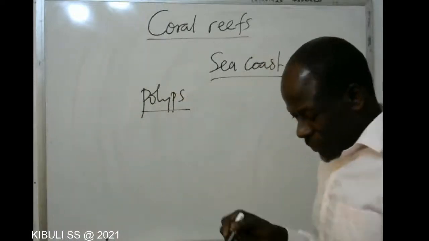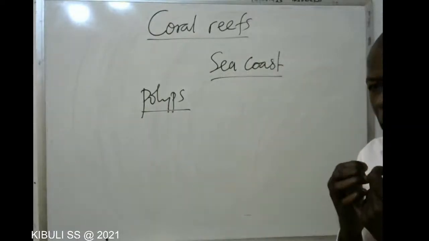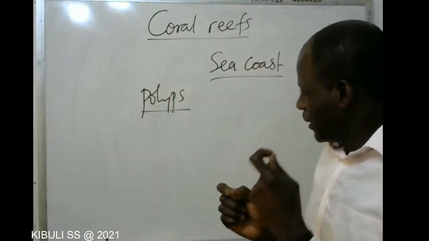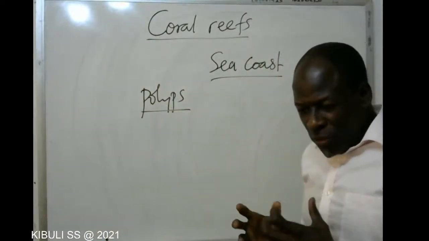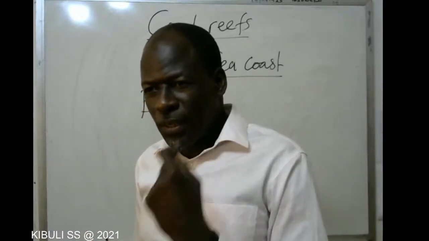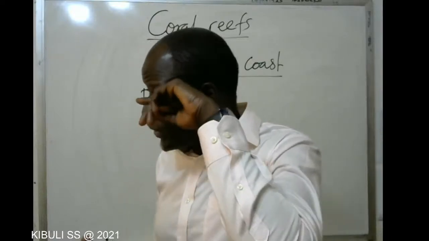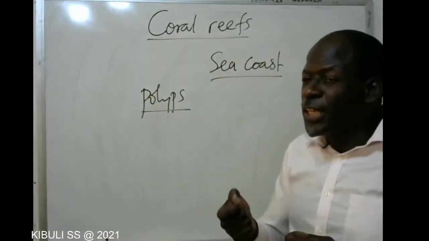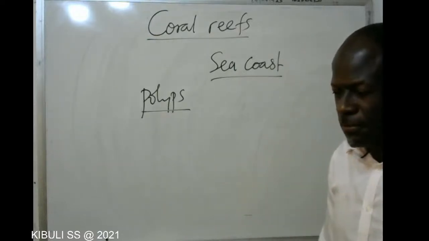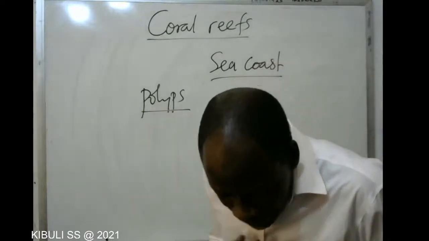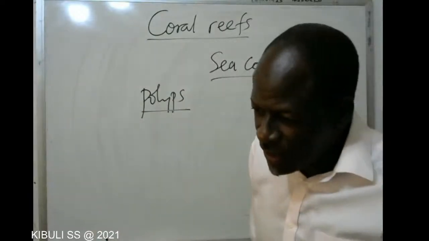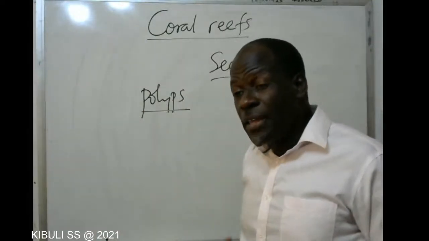Polyps are minute organisms that live in the salty waters of the sea, and their skeletons or bodies are made up of calcium carbonate, which is extracted from the salty water of the sea. So these skeletons or remains of the polyps will drop as the polyps die within the water.